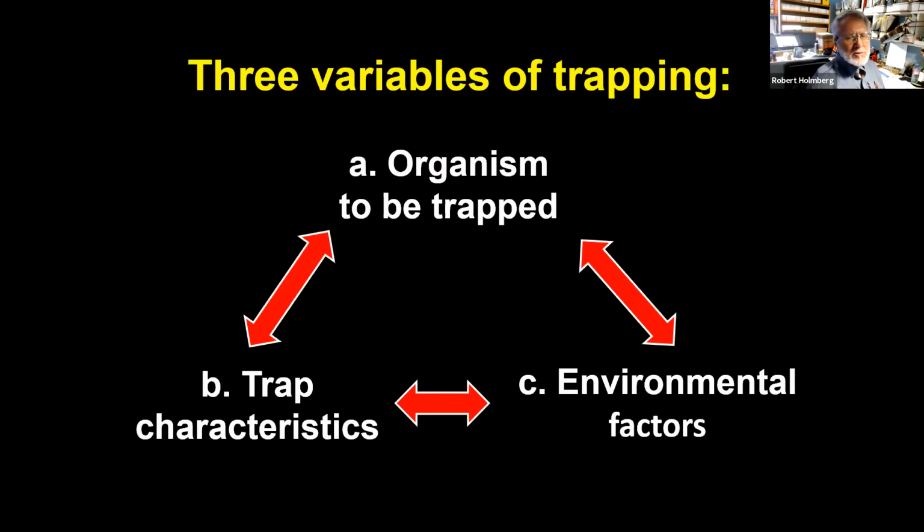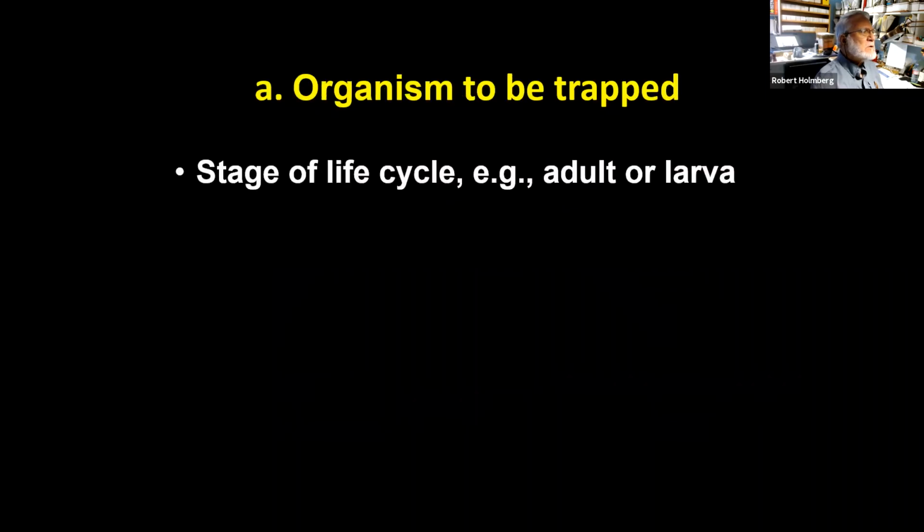So there's three variables when you're looking at trapping. It's the organism that's to be trapped, the characteristics of the trap itself, and then the environmental factors that interplay with things. So for the organisms to be trapped, you have to look at their stage of the life cycle.